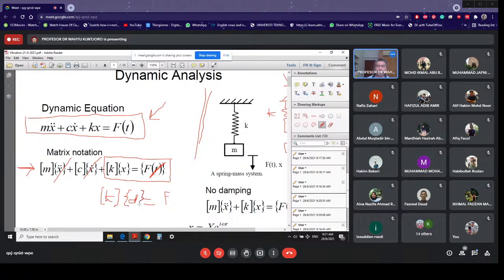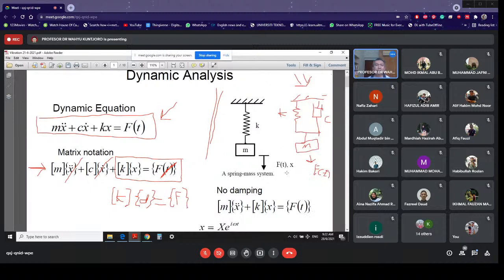Sorry for the ugly writing. So you see here that what you have been discussing with me this semester, the static problem, is a special case of the dynamic problem where there is no acceleration, there is no velocity, and it is static, not a function of time. I hope this explanation gives you a better understanding of static and vibration.